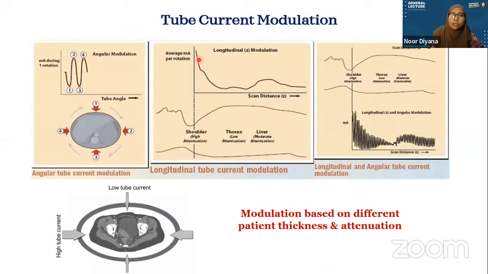But for the shoulder, because it consists of high attenuation, we have bone, so it will give higher mAs. So the modulation depends on the attenuation along the scan length. This is the combination of longitudinal and angular tube current modulation, and it is one of the techniques to reduce the dose to the patient.